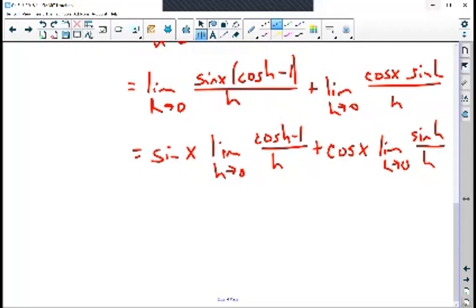So what we're going to do is take a look at the graph or a table of values for cosine h minus 1 over h, and see what happens as we get close to 0.